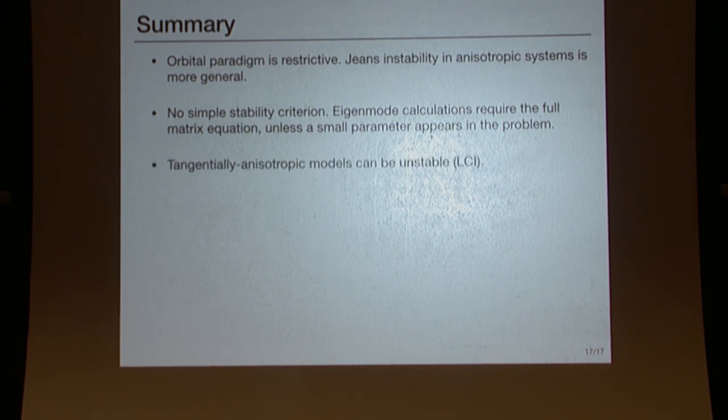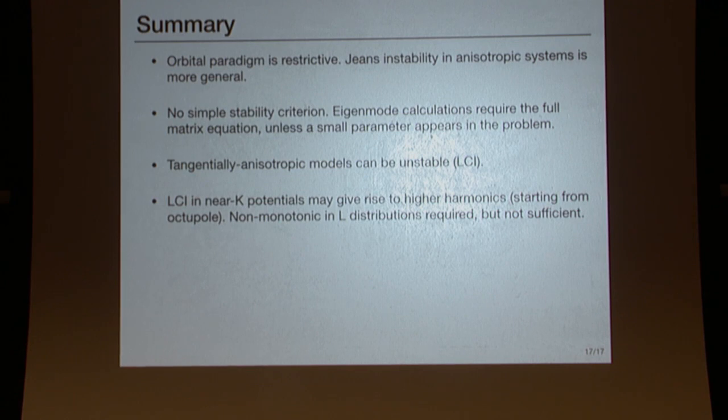I gave you an example of an unstable tangentially anisotropic model. Loss cone instability in a near-Keplerian potential may give rise to higher harmonics, starting from octupole, but it seemingly requires a non-monotonic angular momentum distribution. And loss cone instability affects the diffusion rate rather than the shape.